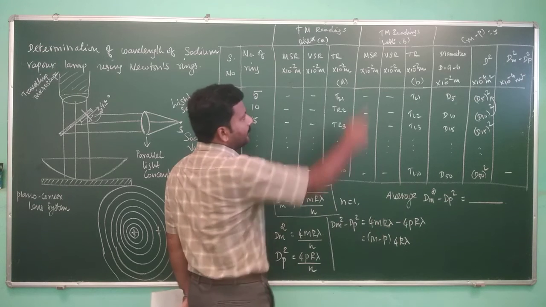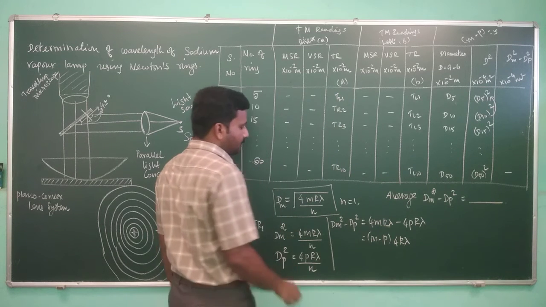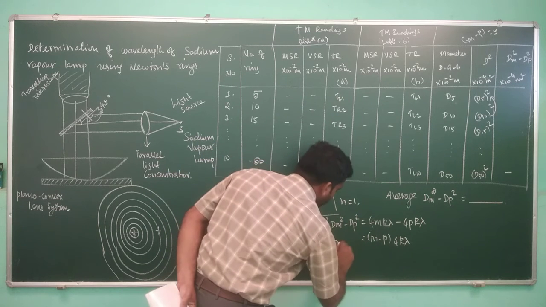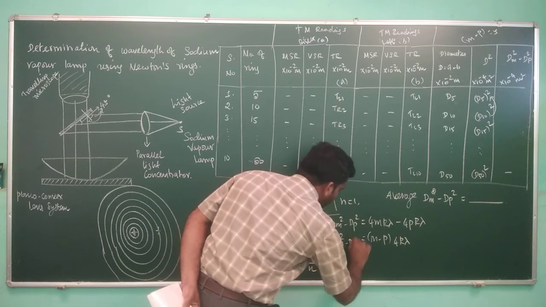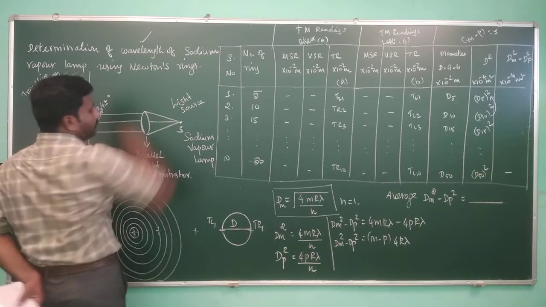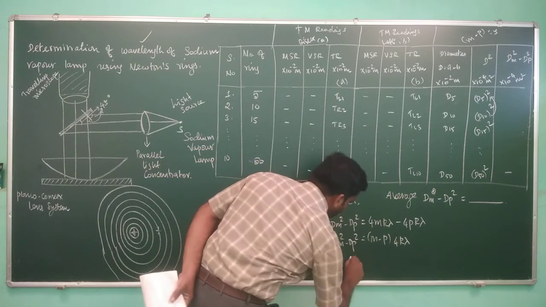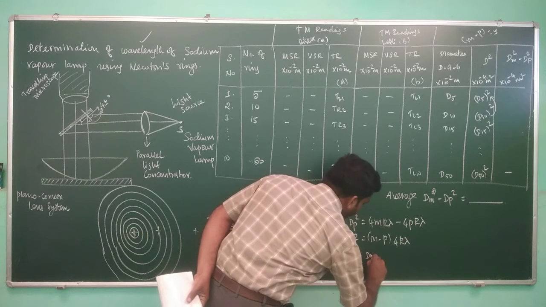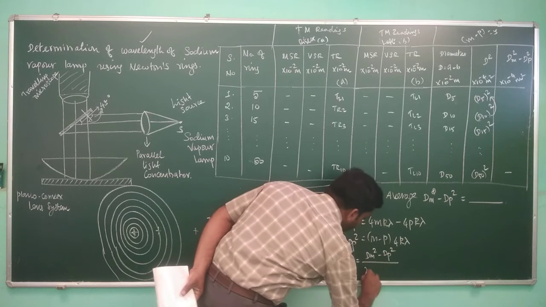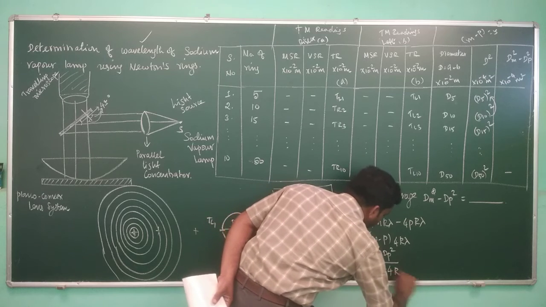Here in this case let's put m minus p as 5, right? And what we need to calculate is the wavelength, so we have to rewrite this equation for lambda, so that lambda is equal to Dm square minus Dp square divided by m minus p times 4R.